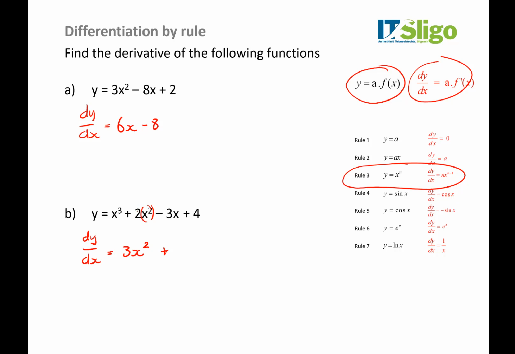So we have the 2 multiplied by 2 gives us 4x. Add minus 1 to the whole power and it's x to the power of 0, which we would leave out. Minus, any sign stays. Now we're using rule 3, minus 3x just goes to minus 3. And a constant term is using rule 1.